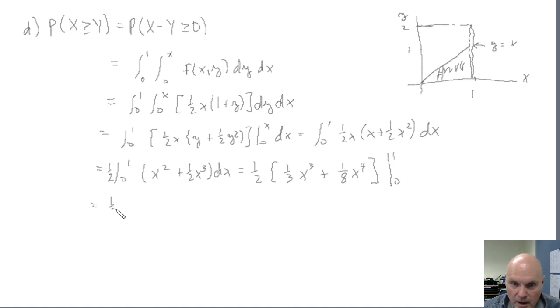So I'm going to get 1/2 times, evaluating at 1, 1/3 plus 1/8, and then evaluating at 0, I'm going to get 0. So combining all these fractions, I get for a final result 11/48 for that problem.